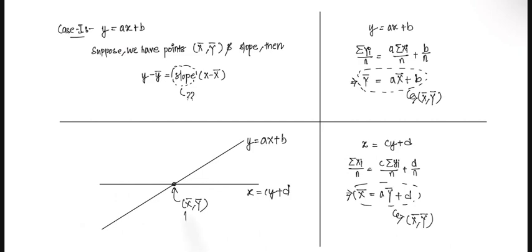These are nothing but the means. So we can say that the lines pass through the mean. Got it?